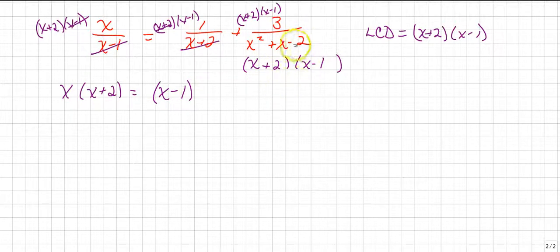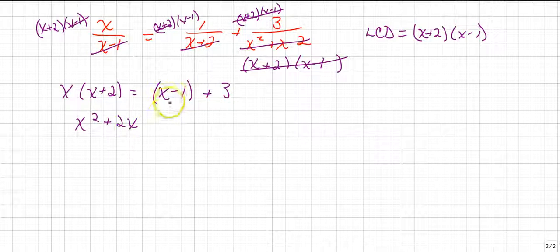And in the third fraction, since we factored x squared plus x minus 2 into those two factors, they are going to cancel completely, leaving just plus 3. Okay, distributing on the left, x squared plus 2x. I'm going to bring that x from the right over to the left, minus x, and then we're left with negative 1 plus 3, which is 2.